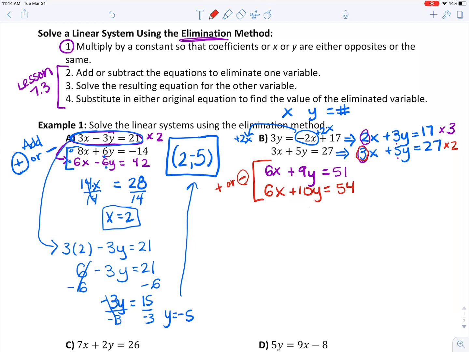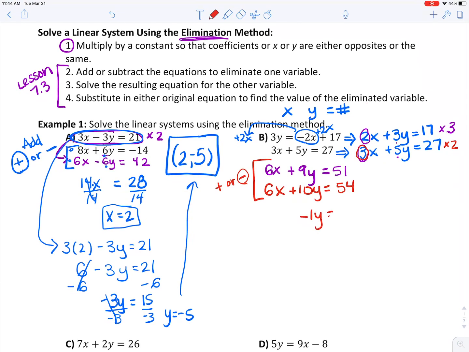Well, 6x minus 6x is 0, so I'm subtracting here. If I subtract those two, our x's cancel. Now we have 9y minus 10y is negative 1y, and 51 minus 54 is negative 3. This is negative 1 times y, so divide by negative 1. So y is equal to 3.